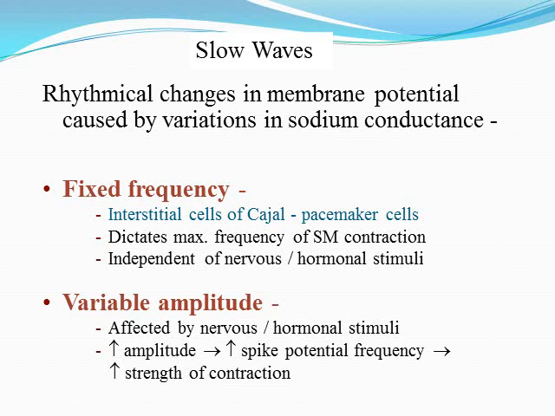So the syncytium creates this ability for the pacemaker cells to express the signal throughout the tissue, the muscle of the digestive tract, and create what are known as slow waves. As it says, that's going to set the maximum frequency of the contraction, the pace set by the cells of Cajal.